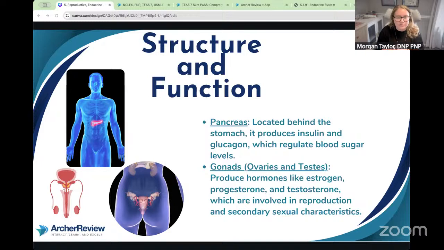What are these hormones going to do? They are going to help us develop secondary sexual characteristics. So they're starting to release more in times of life like puberty when women develop breasts or when either gender develops pubic hair, things like that. Males' voices deepen, they grow taller.